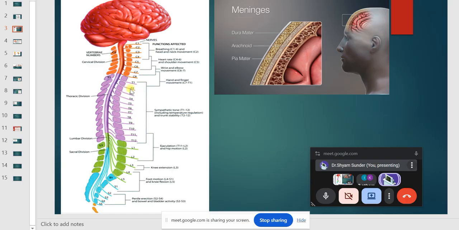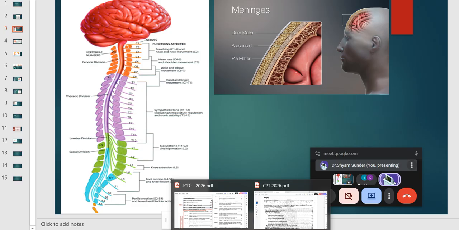So this is the anatomy of the brain and spinal cord at a very high level. You remember these names: the lobes of the brain and the layers of the brain, plus the surrounding skull bones within the head region. Now coming to the spinal cord, the divisions of the spinal cord plus the vertebrae surrounding the spinal cord.